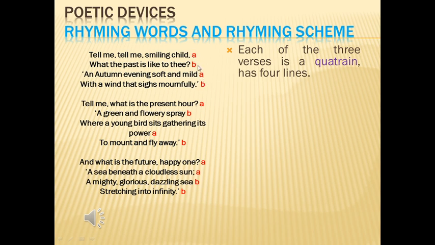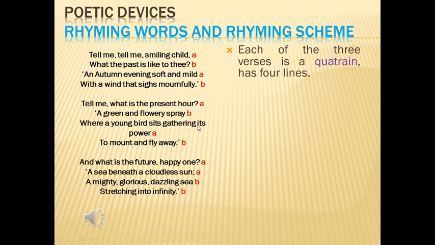So for mild also I am using the same alphabet A. Similarly, thee and mournfully have got a similar sound, so I am using the alphabet B. Whichever will have the same sound, we will use the same alphabet there. Whichever will have a different sound, we will use a different alphabet. So the first set of rhyming words is child, mild. The second set is thee and mournfully.